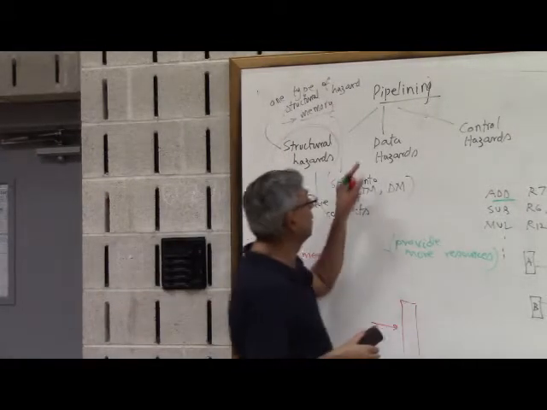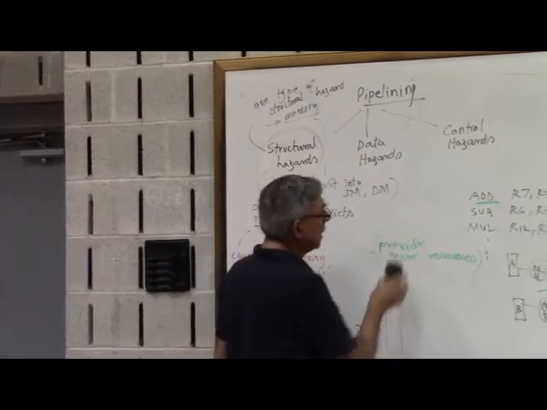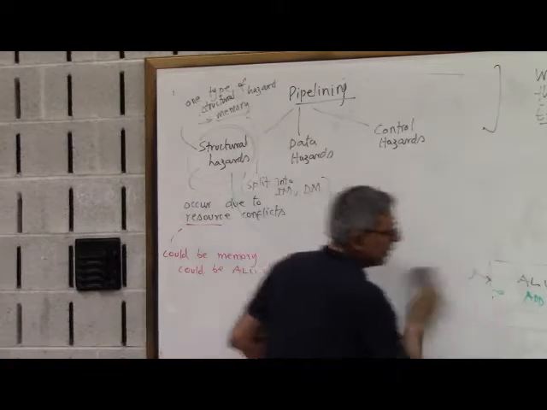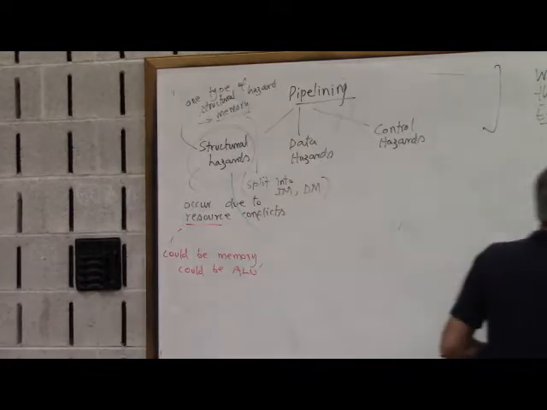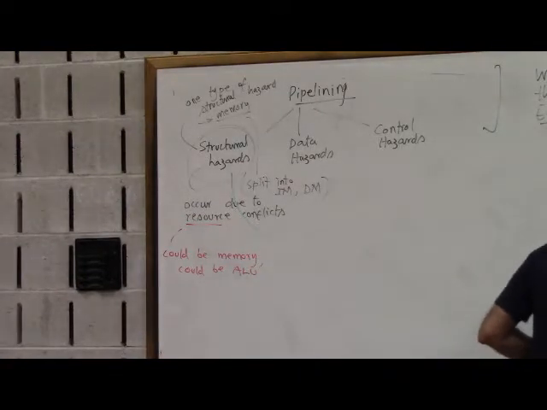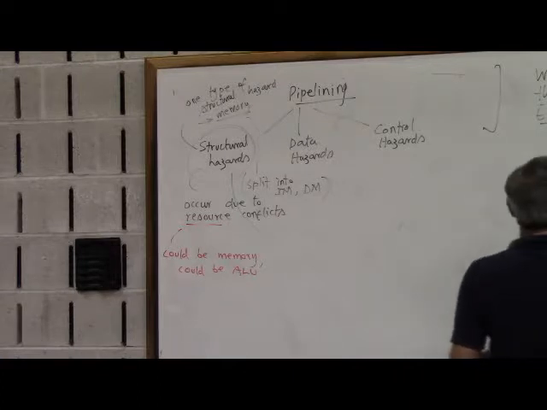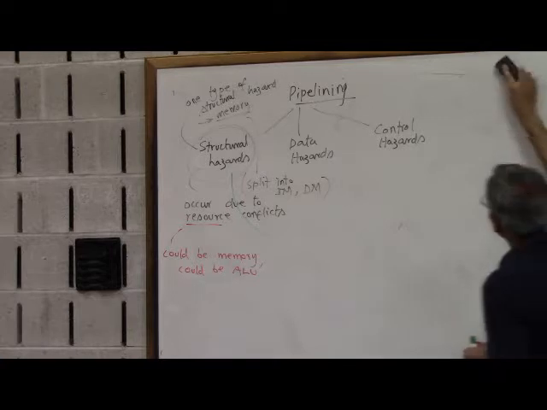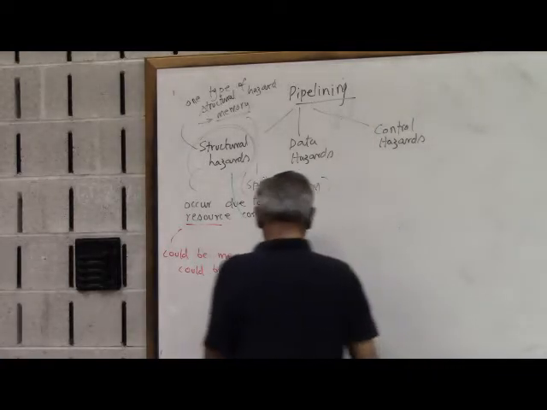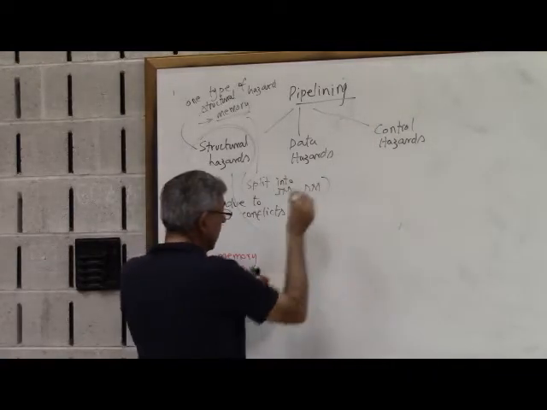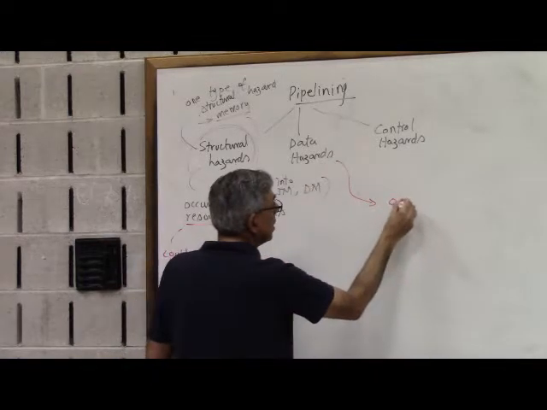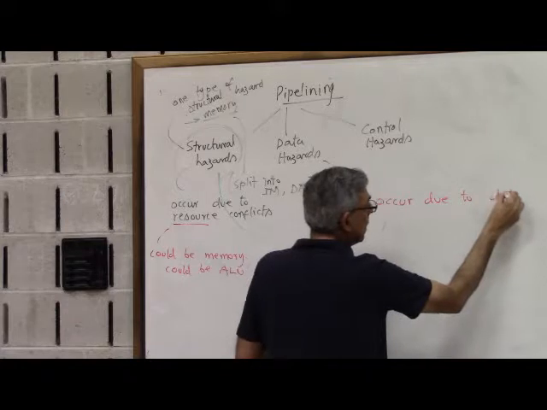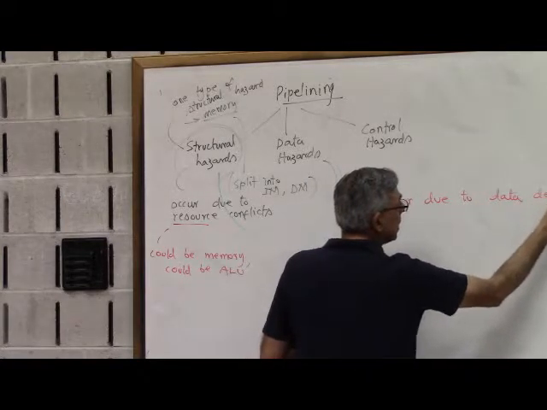Okay, so now let's go to the data hazards. We talked about data hazards nicely before the exam, so let me quickly refresh your memory and then we'll come to control hazards. Data hazards, as we discussed, occur due to data dependencies.